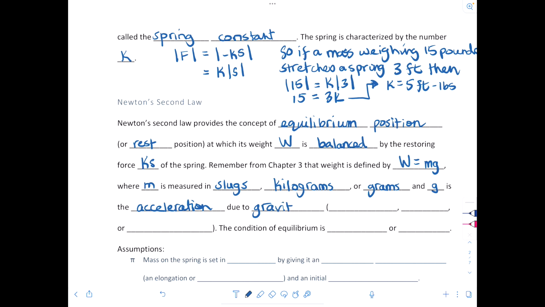Depending on what units you're in, this could be 32 feet per second squared, 9.8 meters per second squared, or 980 centimeters per second squared. The condition of equilibrium is that mg equals ks, or equivalently mg minus ks is 0.